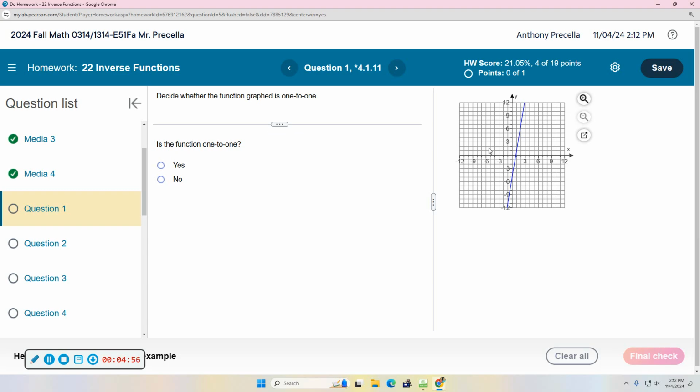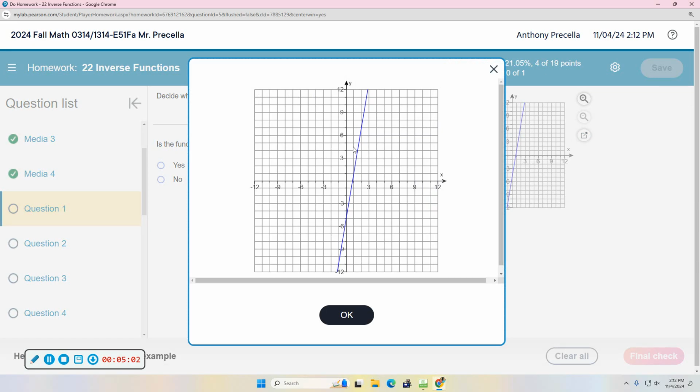As we look at this slanted line, it's certainly a function. It passes the vertical line test. What about one-to-one? Can you draw a horizontal line so that it hits it twice? Where would the horizontal line hit it twice? No, it wouldn't. So it is.